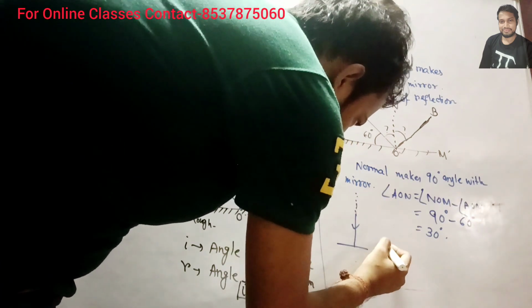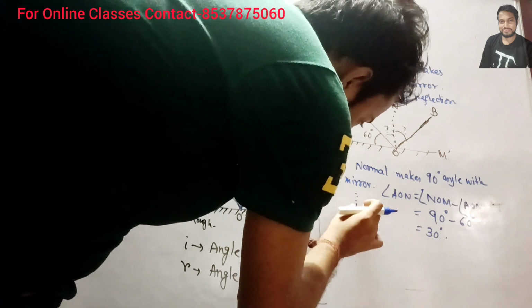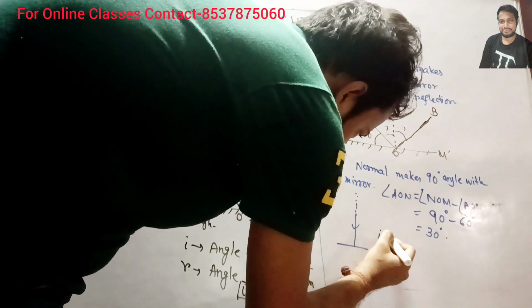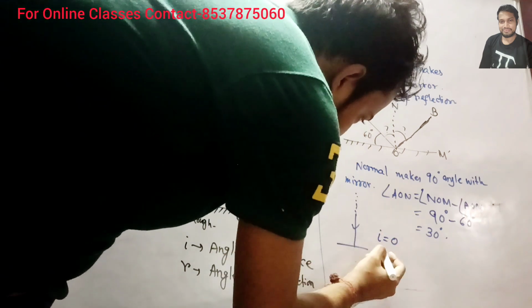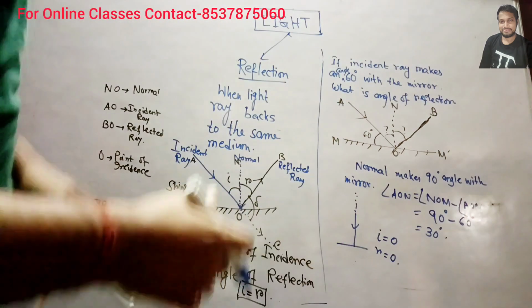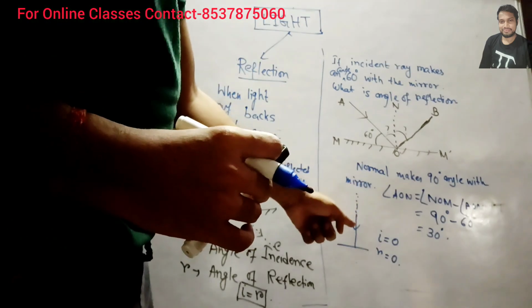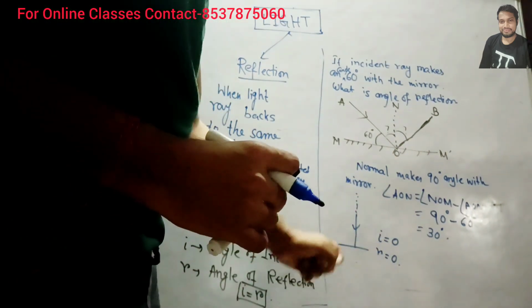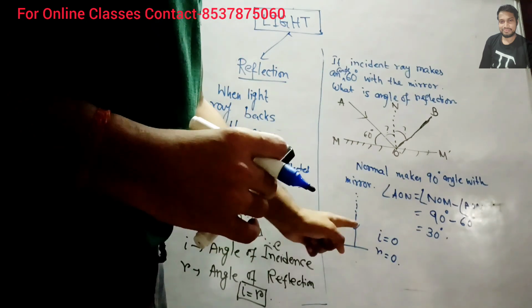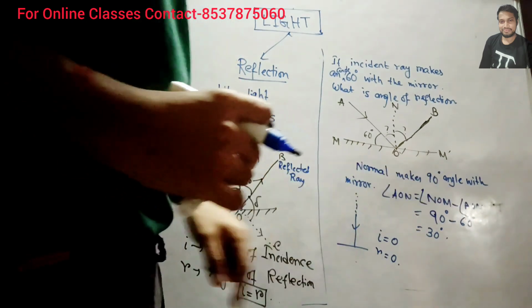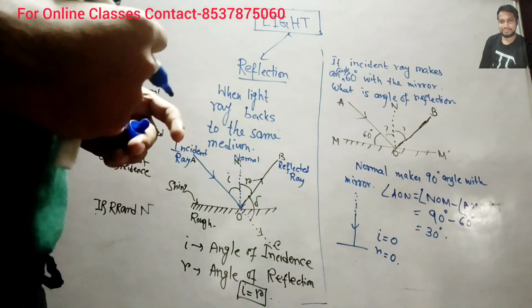The angle between the incident ray and the normal is 0 degrees. Since they overlap each other, from the laws of reflection, the angle of reflection will be R equal to 0.